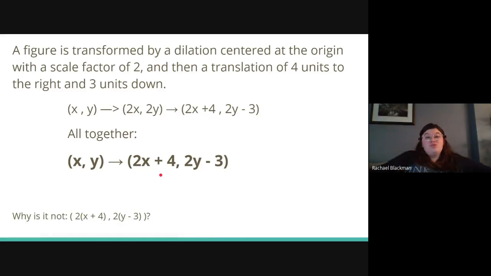And if you use distributive property with your y value down there, the 2 times the (y - 3) in parentheses, if you distribute that 2, you're going to get 2y - 6. Again, not the same as this one here. So we see that order definitely matters with this composition. And we can prove that algebraically just by using distributive property and seeing that these two things aren't the same.